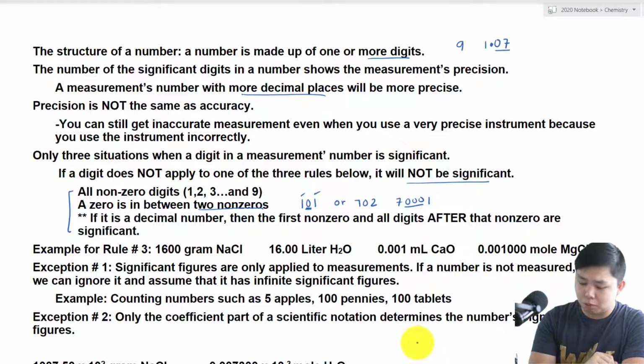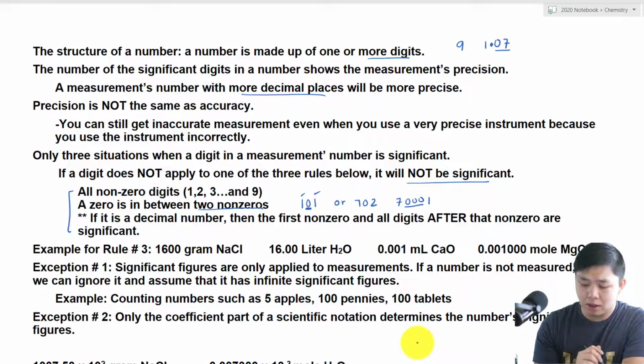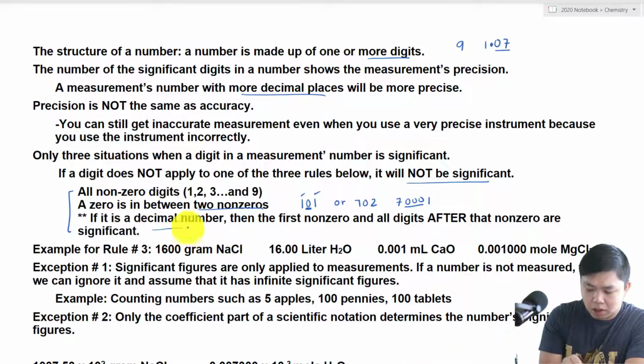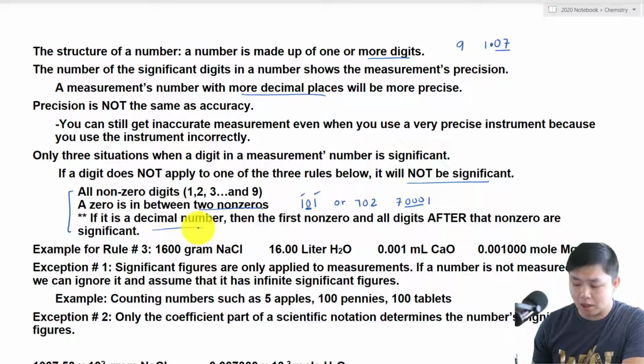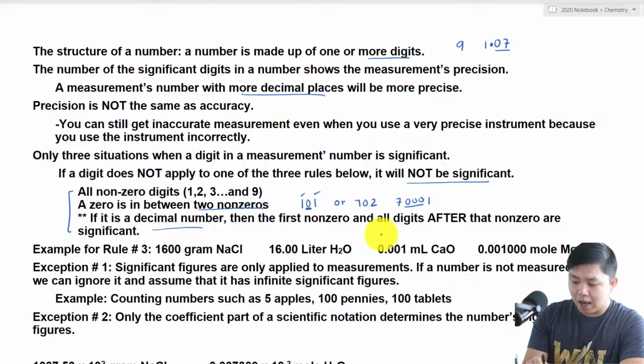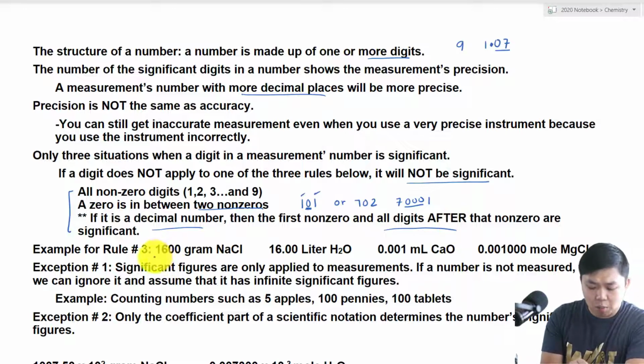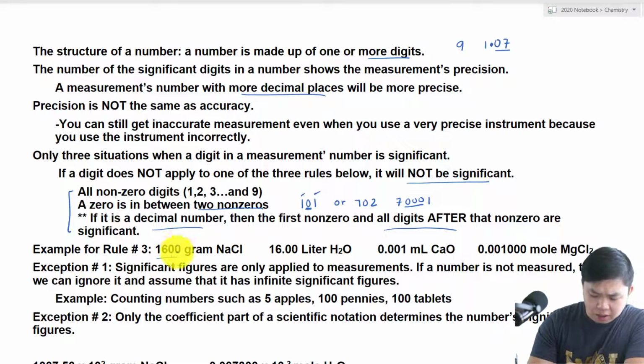So that's the rule for when digits are significant. Now here's the tricky part, or the easiest part. If you have a decimal number, how do you know if a number is a decimal number? Well, it has a decimal point. Then you start with the first non-zero digit and count all the digits after that first non-zero. For example, right here, is this a decimal number? First things first, are these 0s significant?